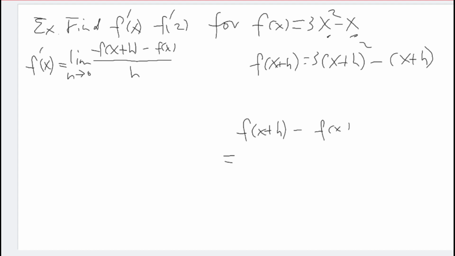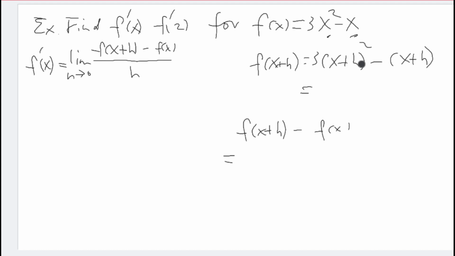Now, I don't have much space left here, so I'm just going to discuss how we are going to simplify this, and then put the answer right here. So how do we simplify this? Well, we would square this out, x plus h squared, and use the formula for the square of a sum, or we can use the distributive property, x plus h times x plus h, then multiply out the 3.